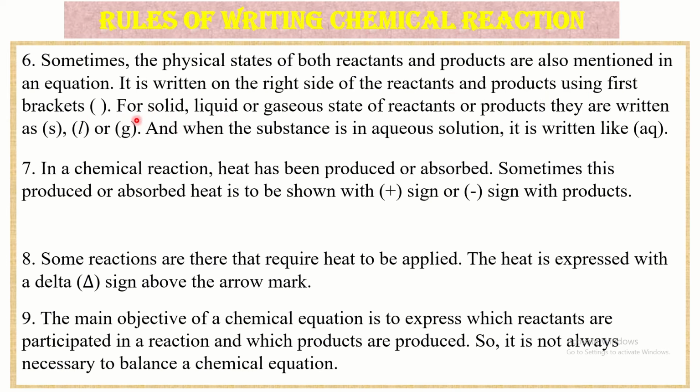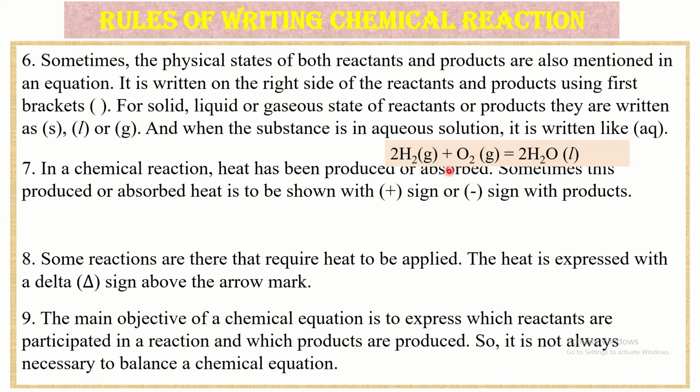If the reactants and products are solid, then we will use small s, like this. If they are liquid, we will use small l. If they are gaseous, we will use small g. And when the substance is in aqueous solution, meaning in watery solution, then we will write aq like this.